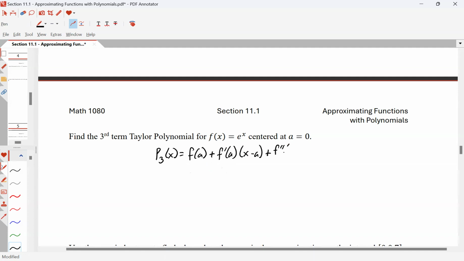Plus the second derivative at a over 2 factorial, x minus a squared. Plus the third derivative at a over 3 factorial, x minus a cubed.